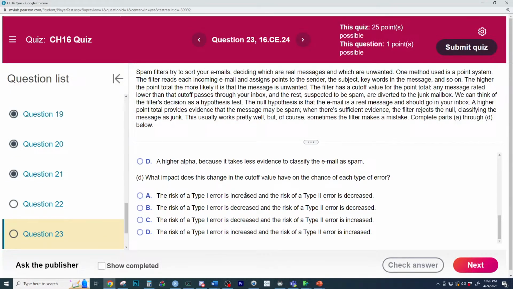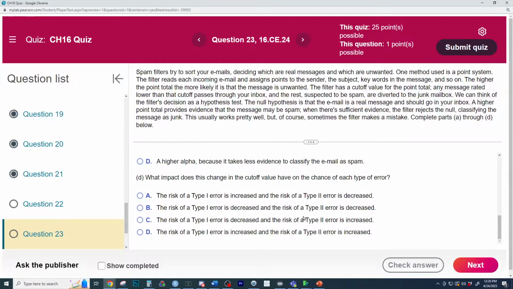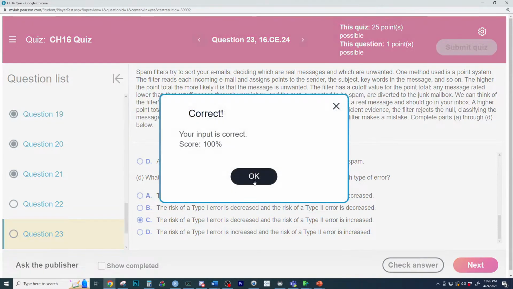So what would this do? What impact does this have on the cutoff value, on the chance of your types of errors? So this is literally lower alpha is going to decrease type 1. The risk of type 1 is decreasing, and then type 2 is inversely related. Yep.